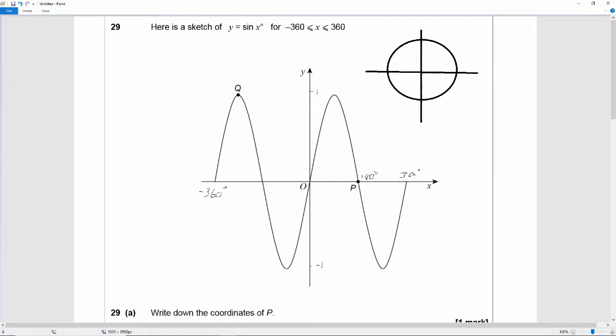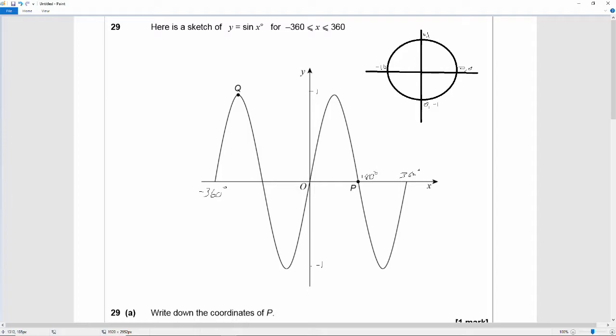Okay, so our unit circle, our coordinates are, this is 0, 0. This is 0, 1. This is negative 1, 0, and this is, sorry, this is 0, negative 1.